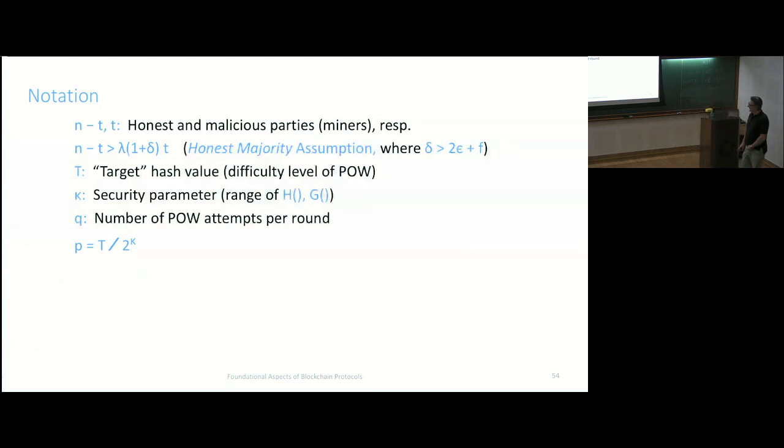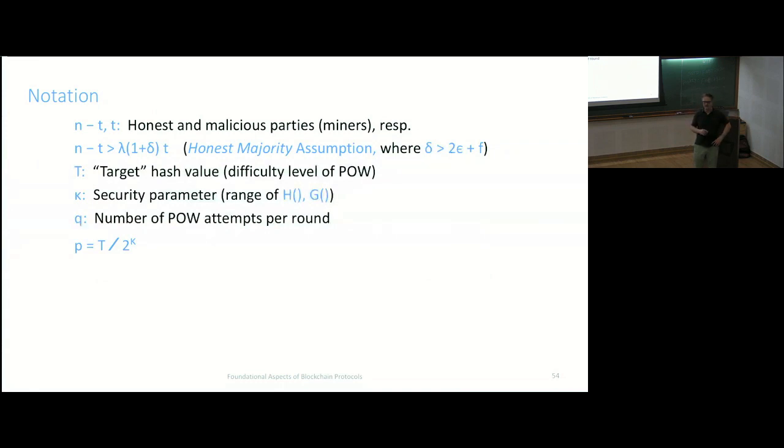And importantly, one important measure is going to be what happens when just one honest guy gets lucky, solves a proof of work, finds a witness. Just one guy, for simplicity. There might be more than one honest guy doing it, but when just one guy is successful, the whole system converges to the same view.